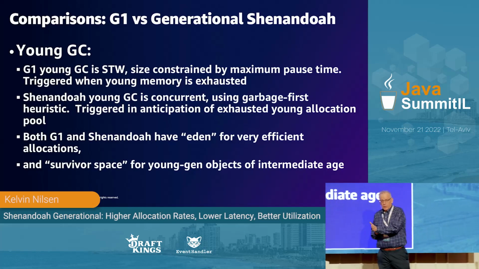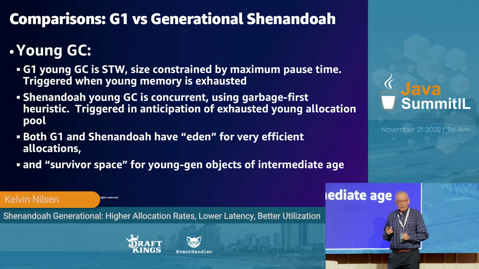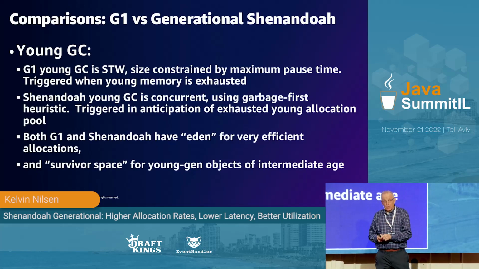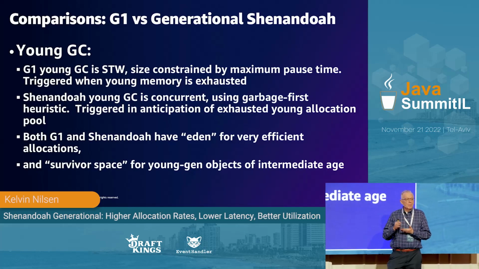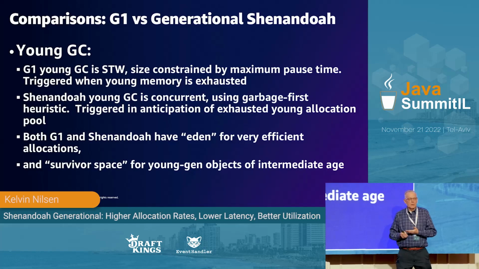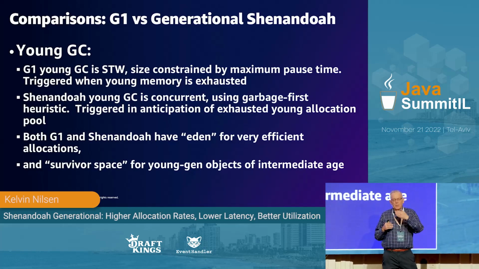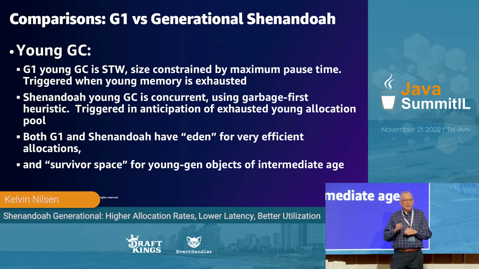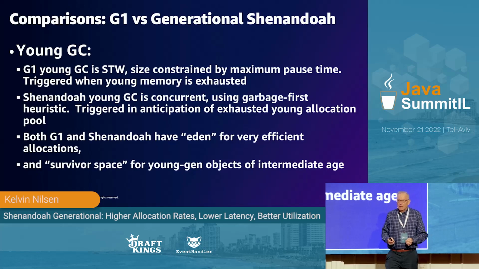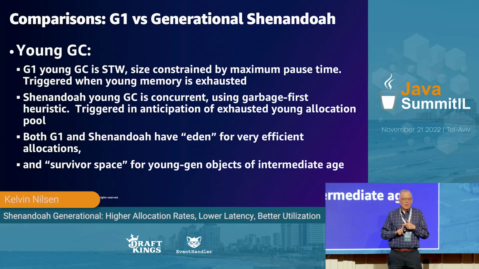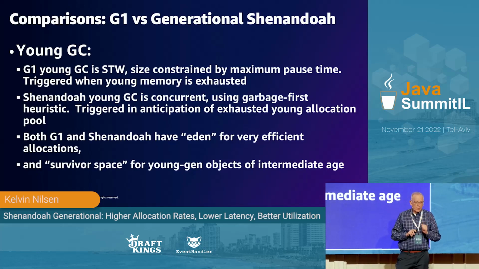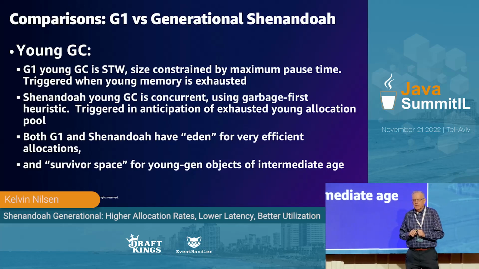So we trigger the start of that before we run out, but it's concurrent, so there's no long pause associated with a young collection. With G1, the young collection evacuates everything that's in young memory. With Shenandoah, we actually apply the garbage first heuristic.